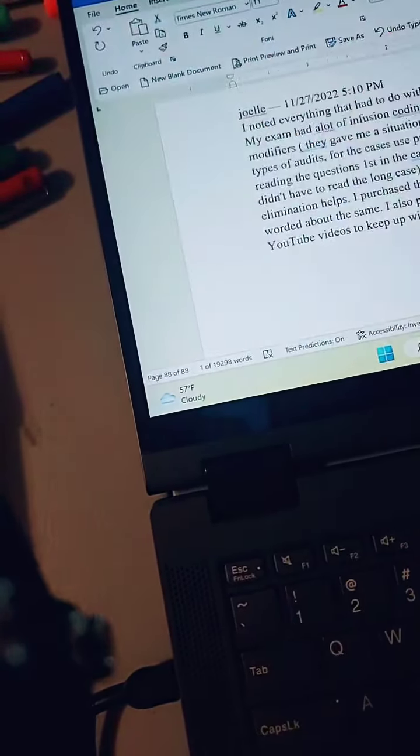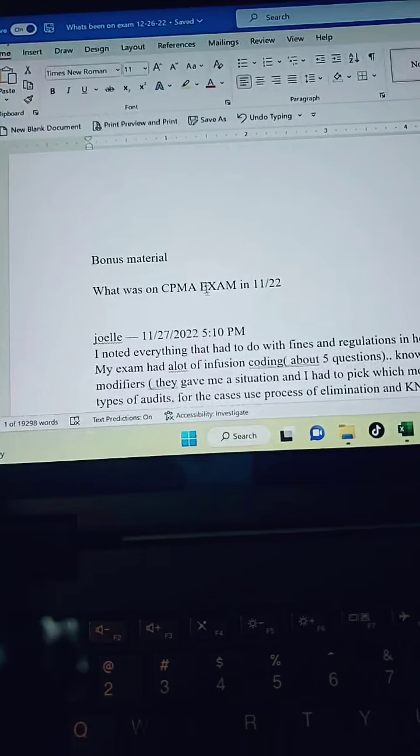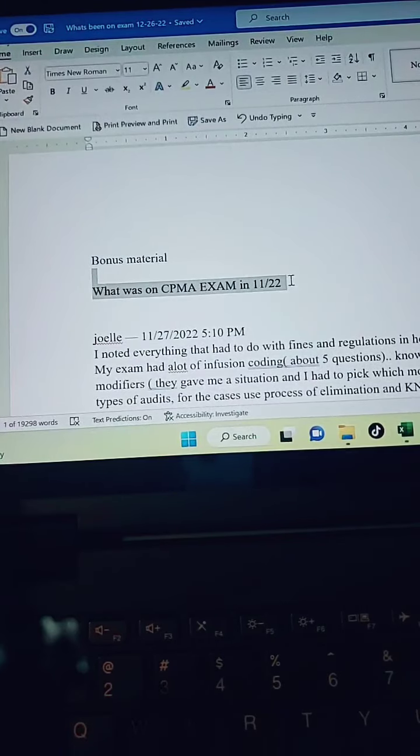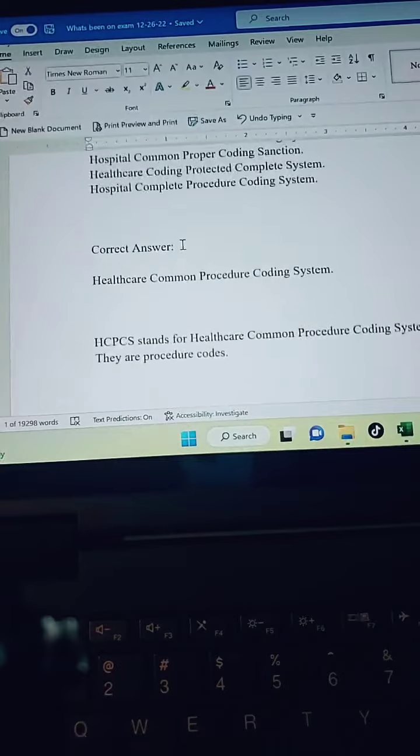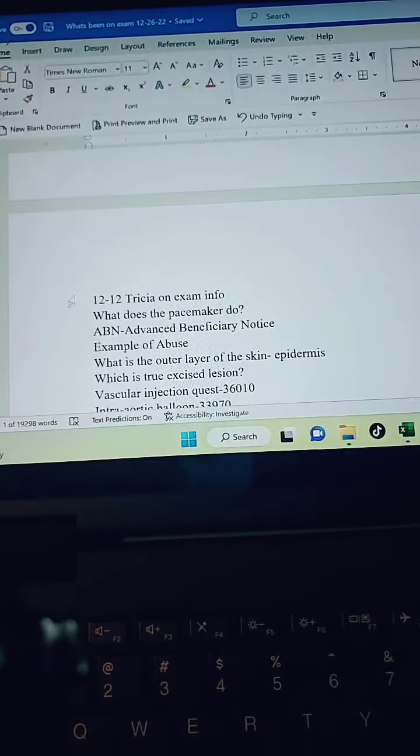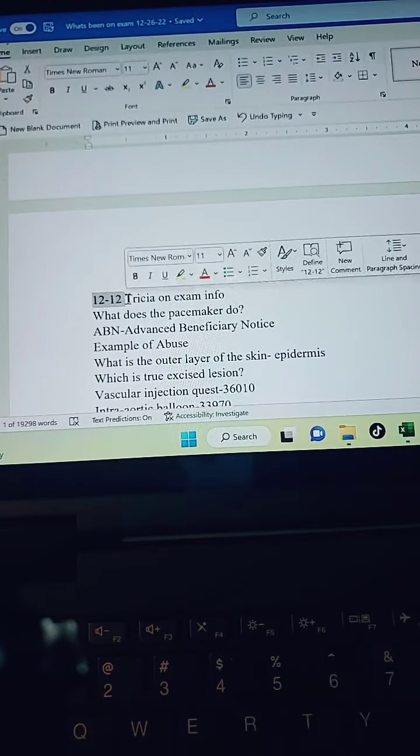And it's just people's impressions and ideas of what was on the CPC exam or CCS or CCA. I actually got some new information on what was on the CPMA in November, and I put that down at the bottom. But the rest of this is all from people that just took their exam on 12/12.